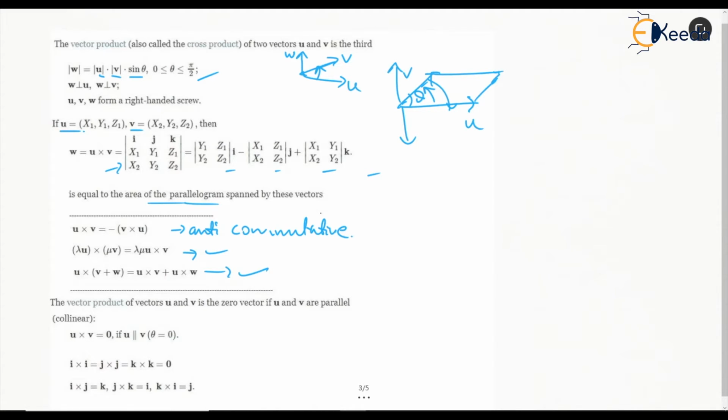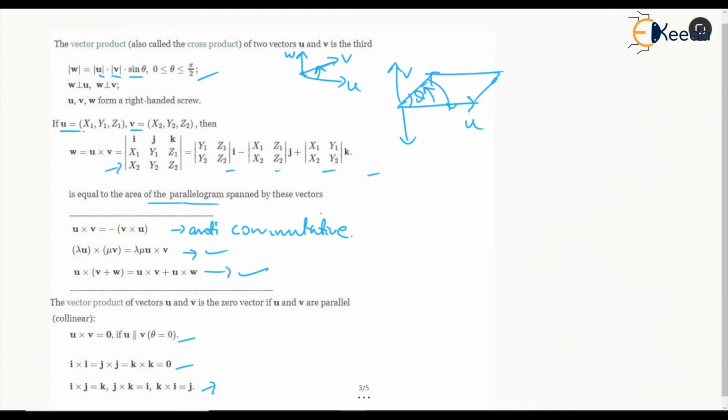Now, like we said, this is about sine theta, so for vectors having the same direction, sine of 0 will become 0, like we have seen in the previous case. In the case where the angles are 90 degrees, that is i, j, k, these are all 90 degrees, so in that case sine theta is going to be 1, so finally we'll get 1 in the magnitude sense, and i cross j will be in the direction of k, j cross k will be in the direction of i, as per the right hand screw rule.